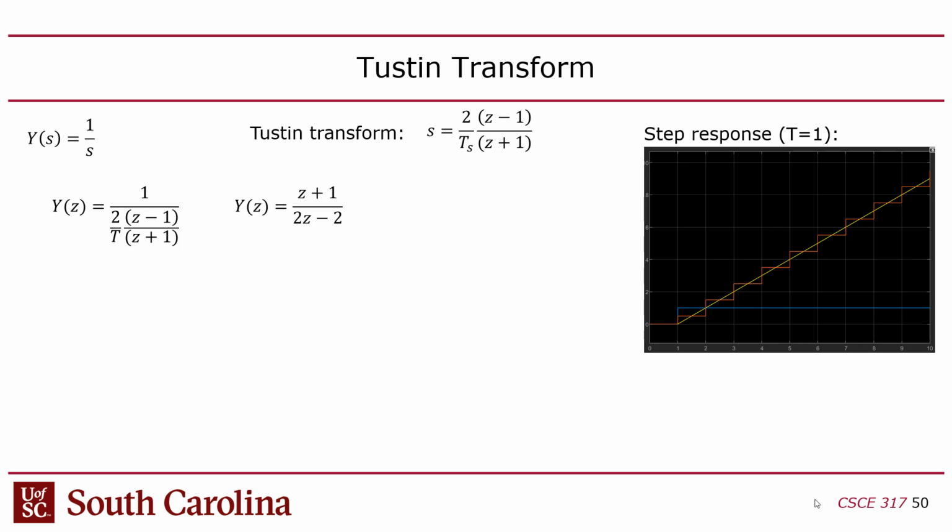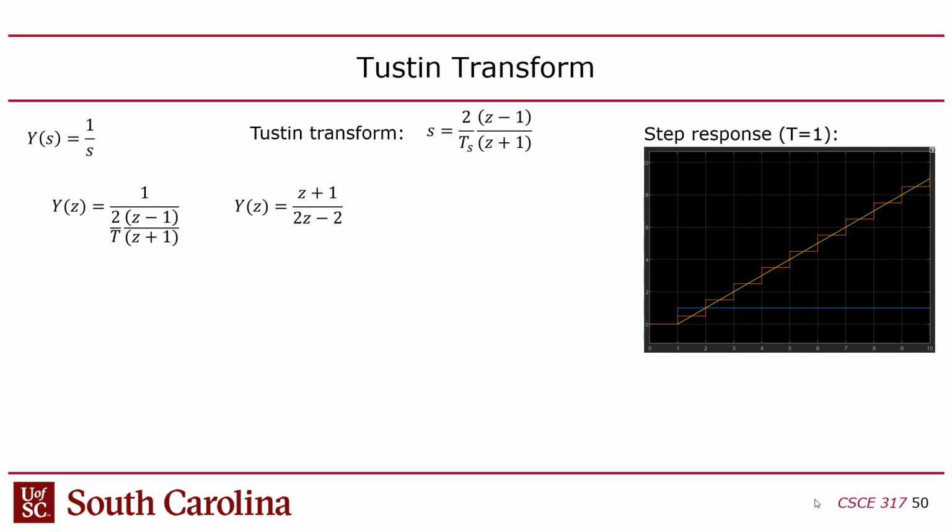But that's not really the right way to do it. The way you want to do it is to incorporate a time step into that conversion, and there are different ways to do that. One way is called the Tustin transform. The idea is you substitute 2 times z minus 1 over Ts times z plus 1 wherever you see s in the continuous transfer function.